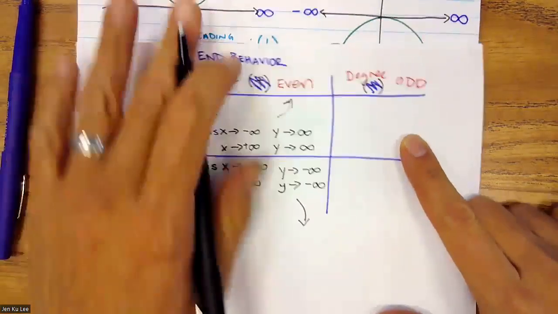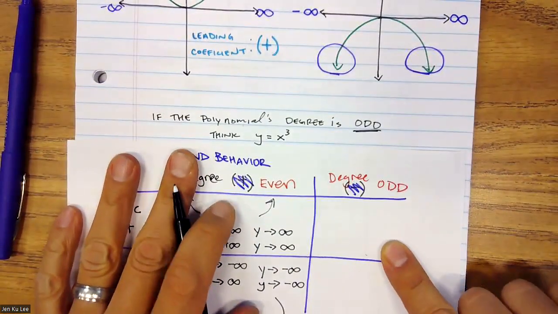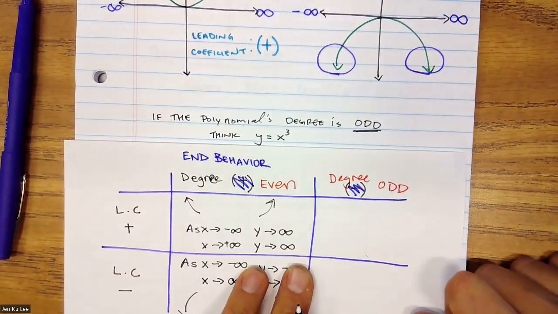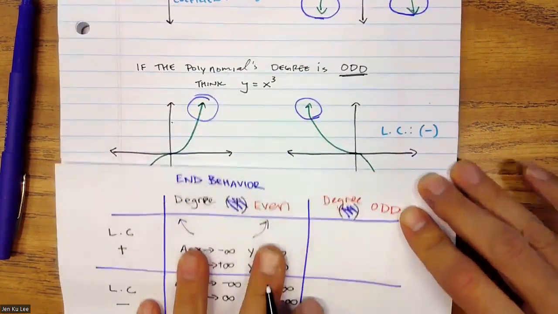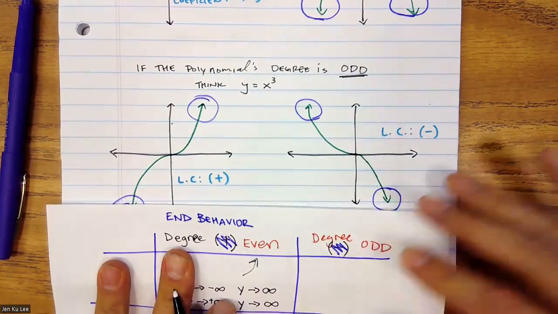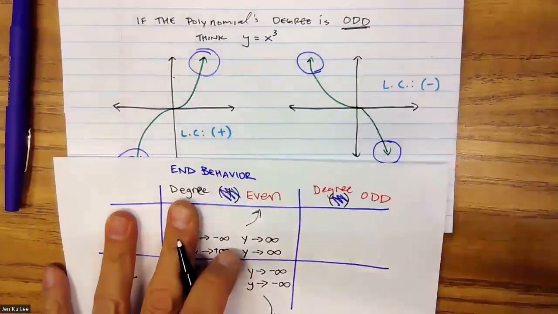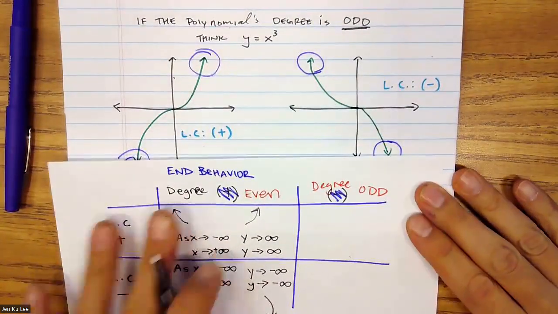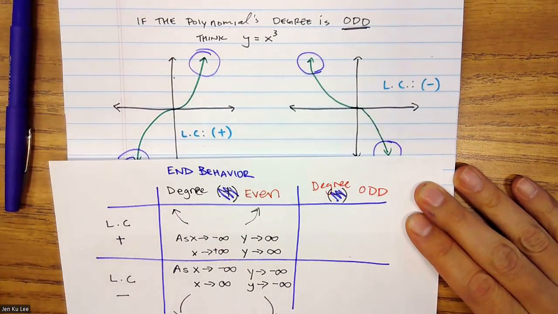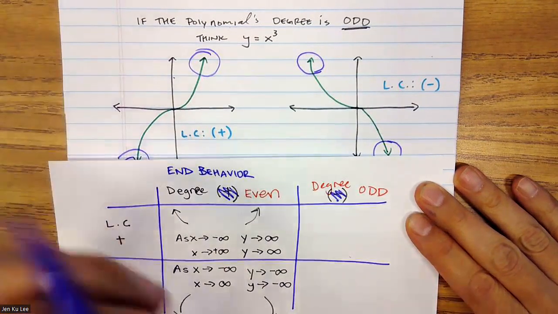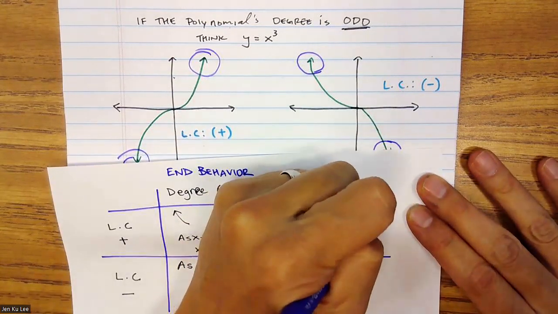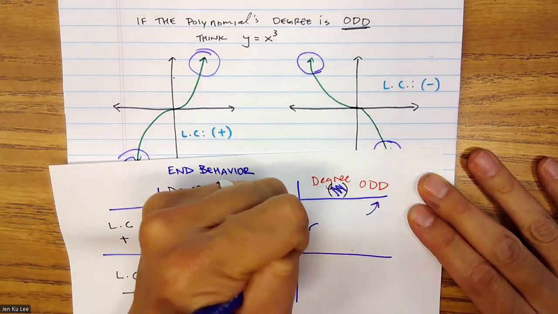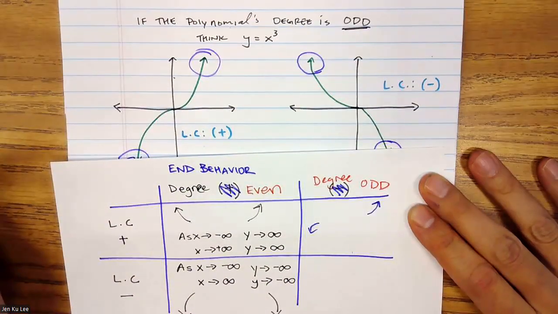Here, if your degree is odd, you're going to think x cubed, because that degree is odd. And then your end behavior looks like that, right? Let's do that. Okay? So here, if your leading coefficient is positive, then your end behavior looks like that.